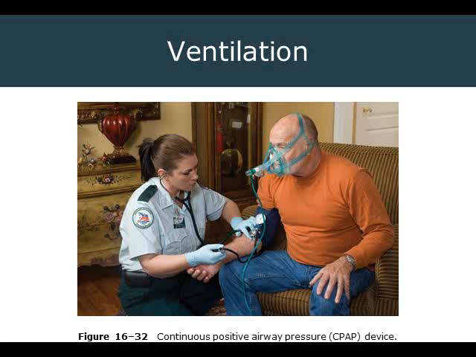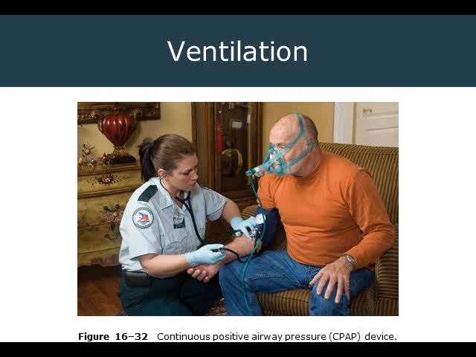As we continue to talk a little bit more about ventilation, we come to talk about CPAP. CPAP is continuous positive airway pressure, and continuous positive airway pressure is a splint for the airway. This kind of looks like a regular oxygen mask, but if you look closely you'll see that there are some significant differences.